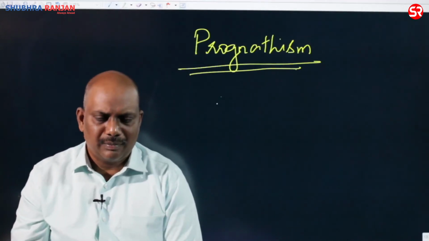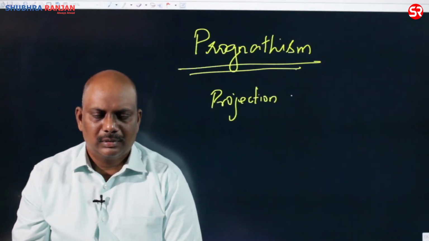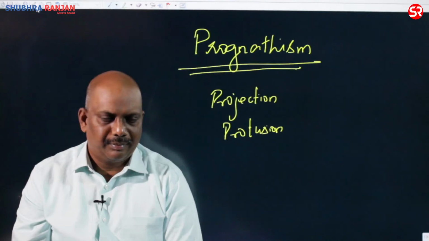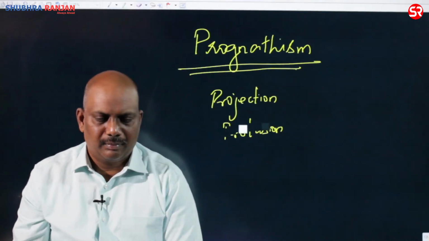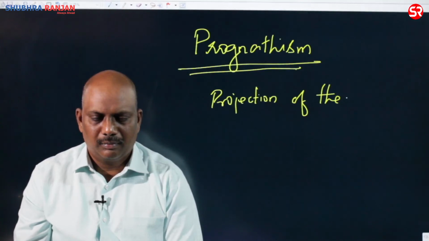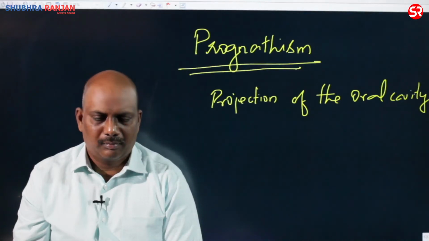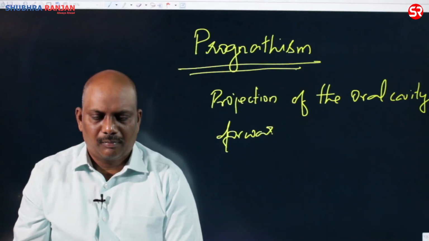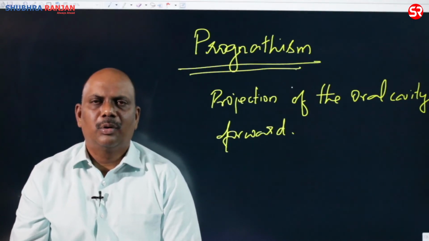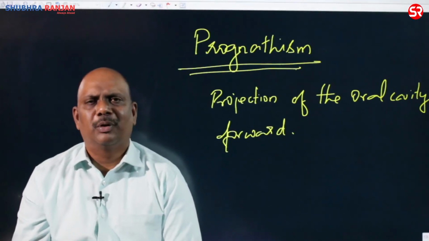Prognathism refers to the protrusion or the projection of the oral cavity forward. This is called prognathism.